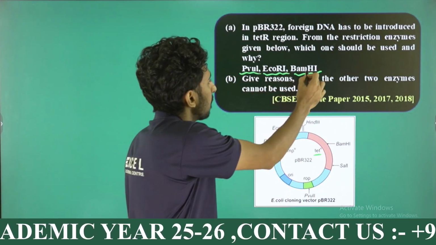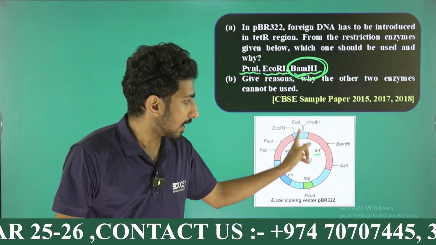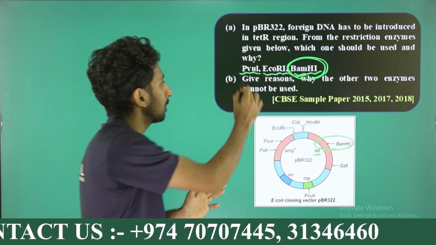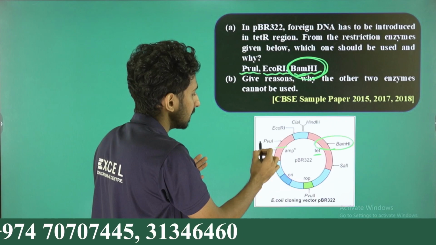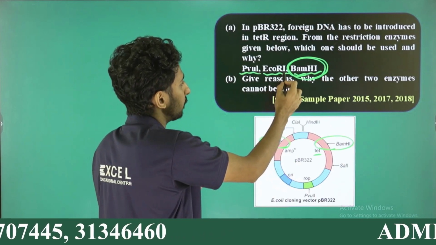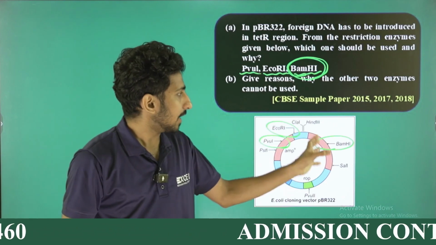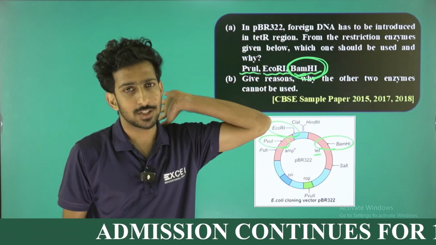The answer is BamHI, because in TET-R only the BamHI restriction site is present among the three. The restriction site for PvuI is in AMP-R. The restriction site for EcoRI is in this region. The restriction site for BamHI is present in the TET-R region, so we can use BamHI.